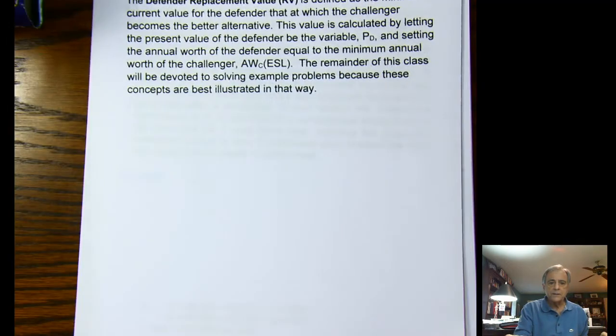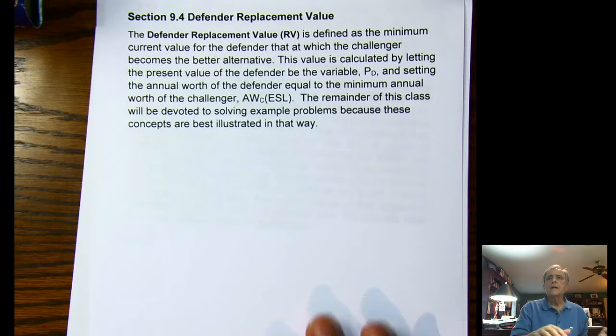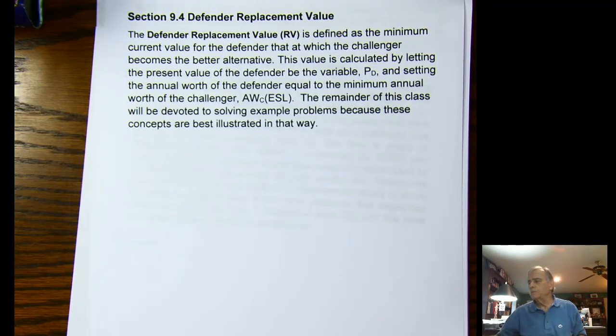And section 9.4 deals with problems where the defender's replacement value, which is called RV, is defined as the minimum current value for the defender at which the challenger becomes the better alternative.